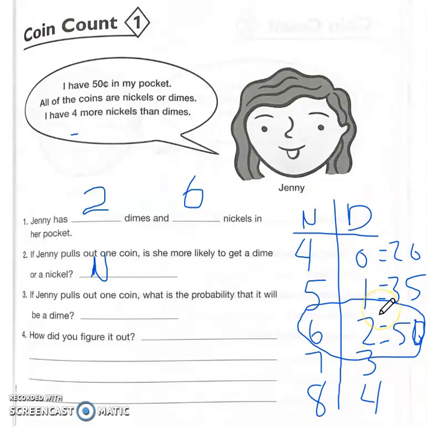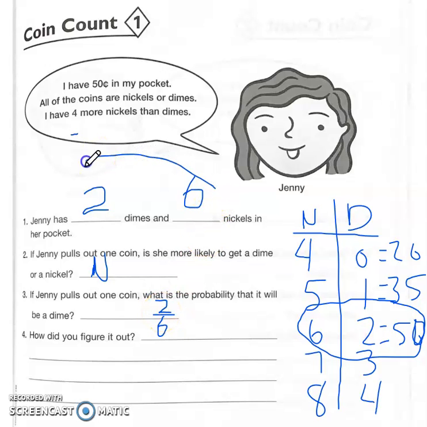Okay? So it's not the other side, right? So I don't want you to say 2/6, or 2 over 6, if that's what you're thinking, because there's 2 dimes and there's 6 nickels, that's wrong. Okay? The reason why that's wrong is there aren't 6 coins in her pocket.